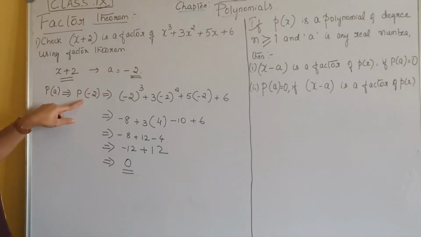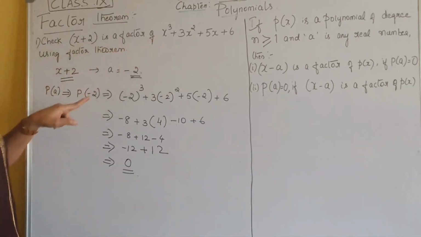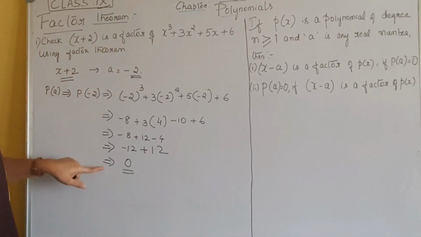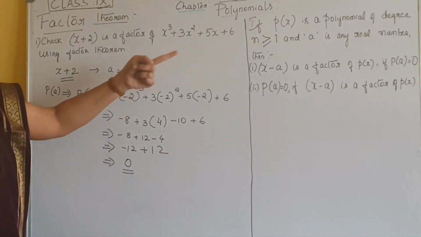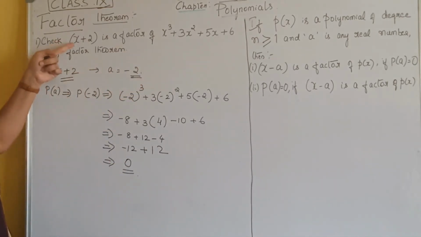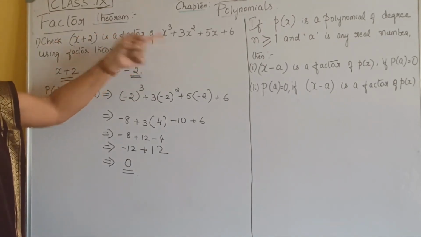So substitute that minus 2 in the polynomial, that is p of minus 2, and what do we get? We get this value 0. Once it is 0, as per the factor theorem, x plus 2 is a factor of this polynomial.